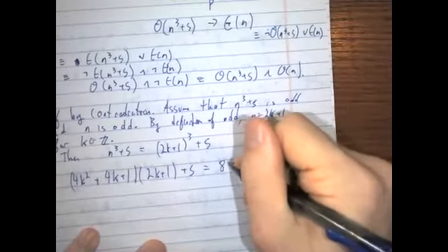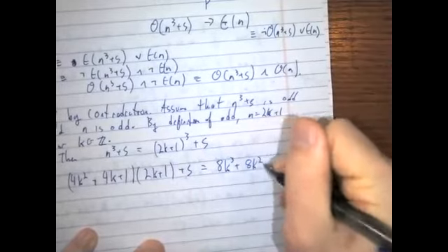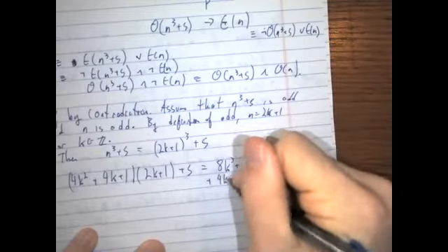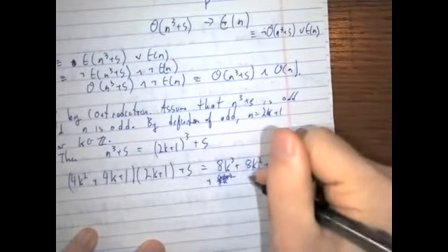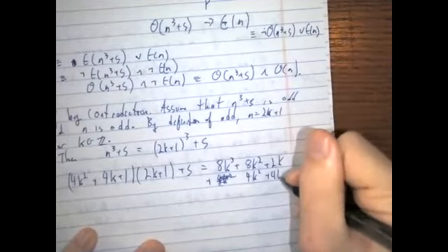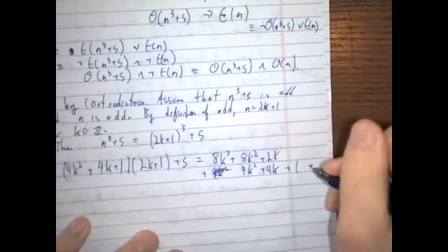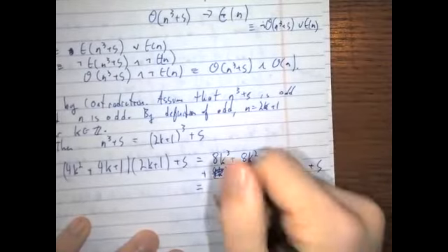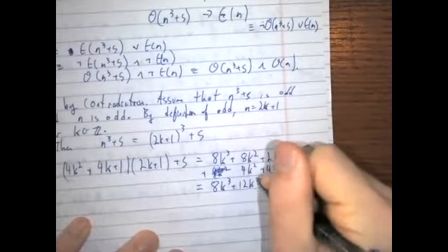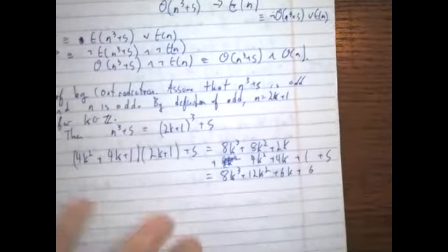now all the way out, 8k cubed plus 8k squared plus 2k, plus 4k squared plus 4k plus 1 plus 5, which is equal to 8k cubed plus 12k squared plus 6k plus 6.